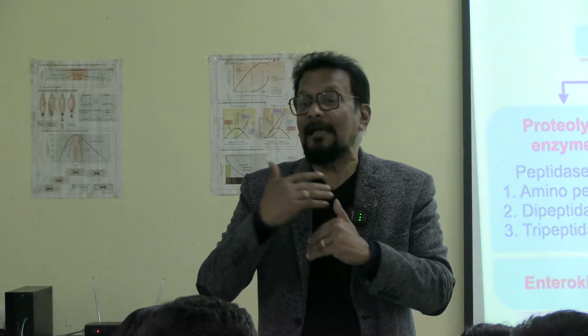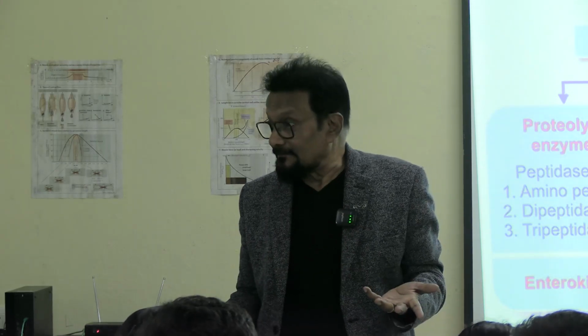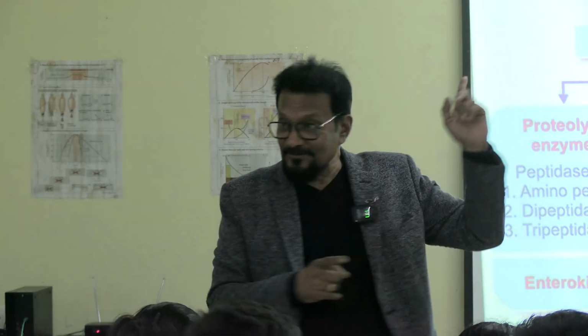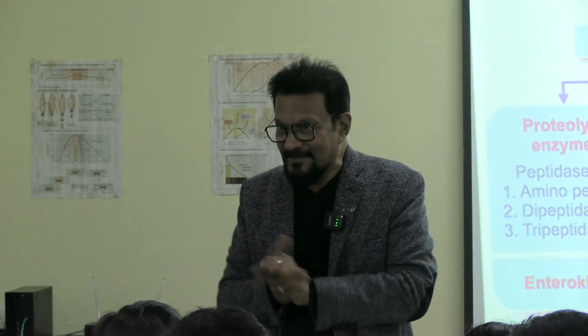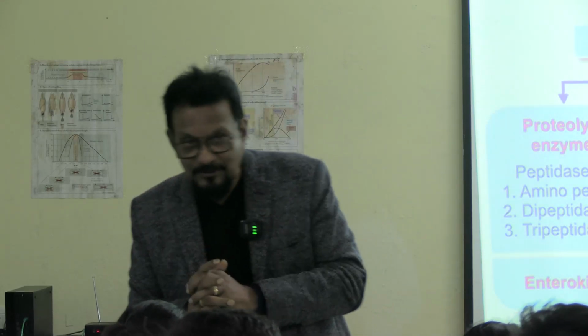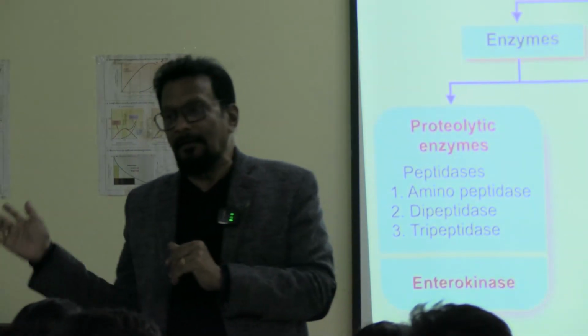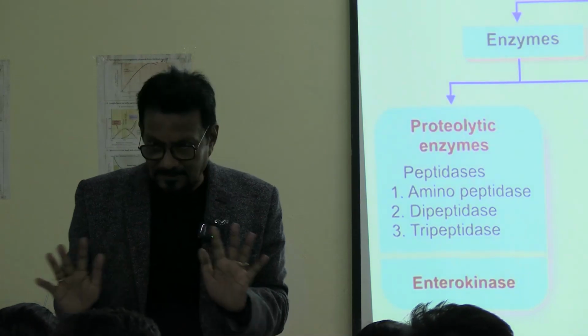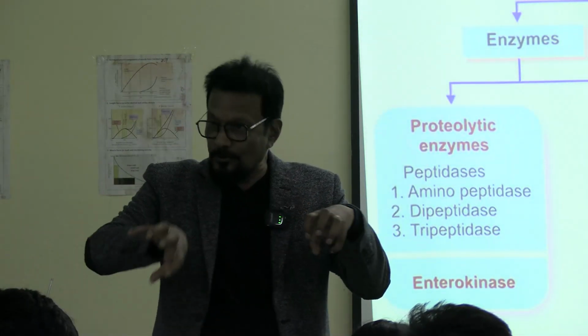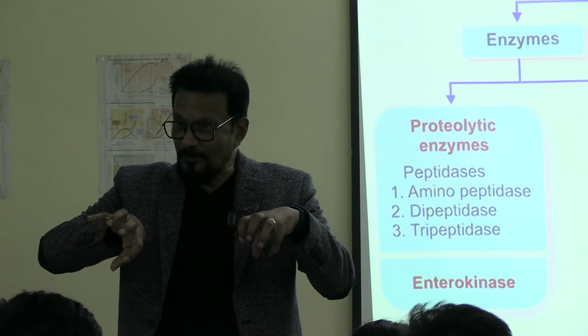Then they are making the environment alkaline. Because all these enzymes, pancreatic enzymes, intestinal enzymes, they act in the alkaline medium. So they are making the medium alkaline. Clear? So now this way controlled entry will be there.